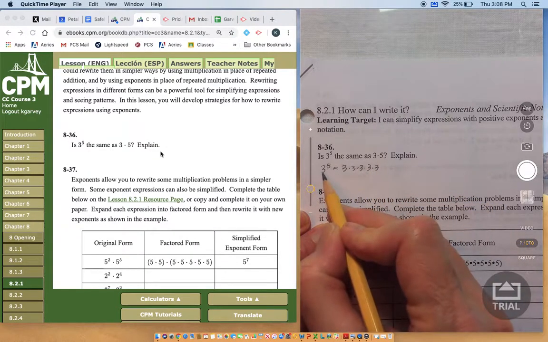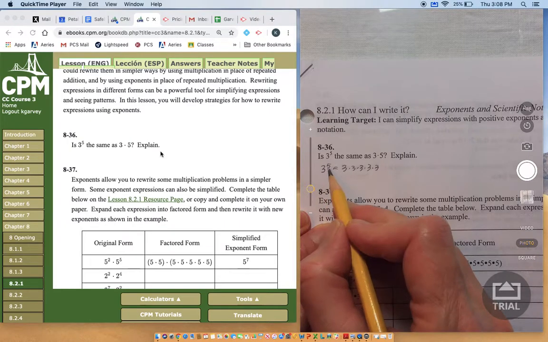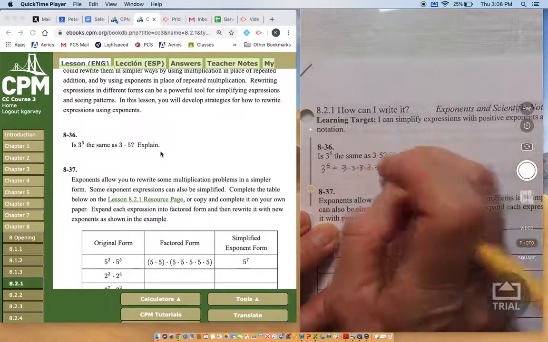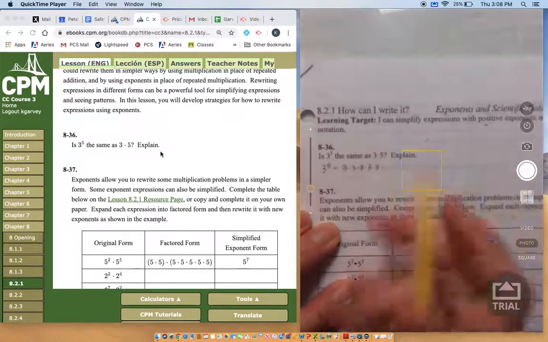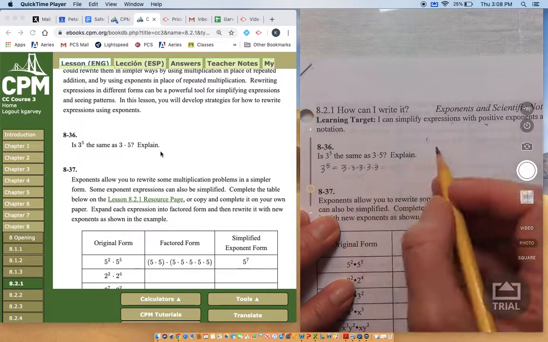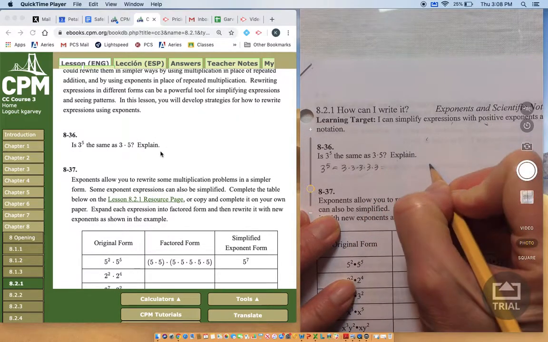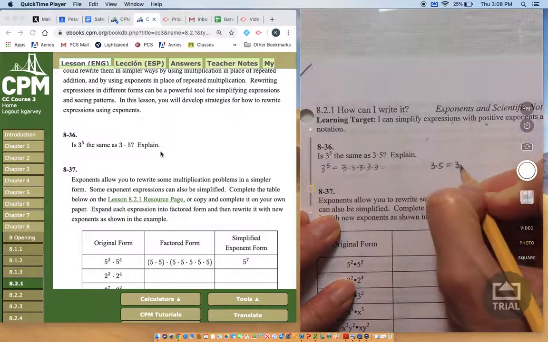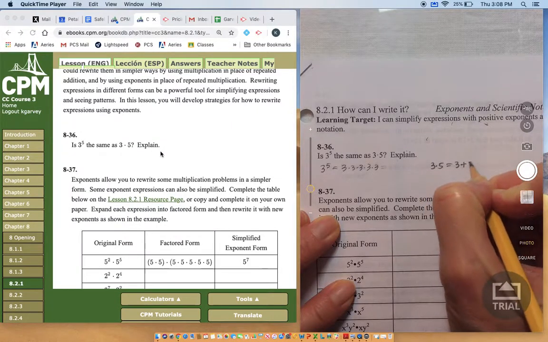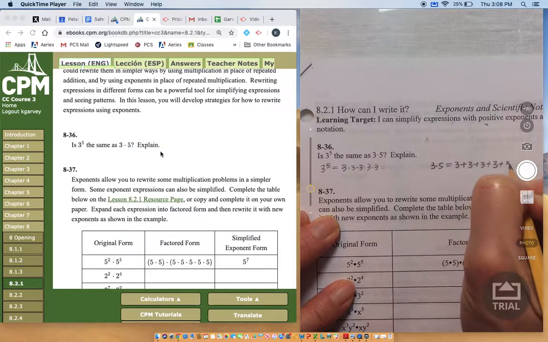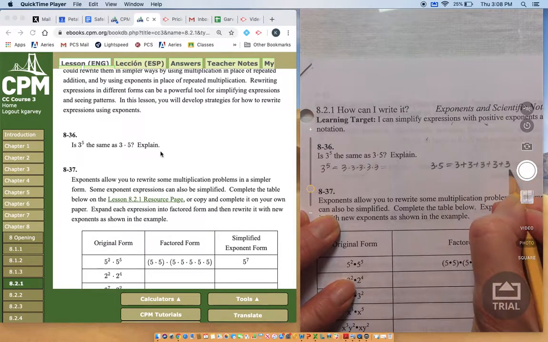We're multiplying 3 times itself 5 times. I'm not going to say what that's equal to yet. If we look at 3 times 5, or 5 times 3, that is 3 plus 3 plus 3 plus 3 plus 3, 5 times.